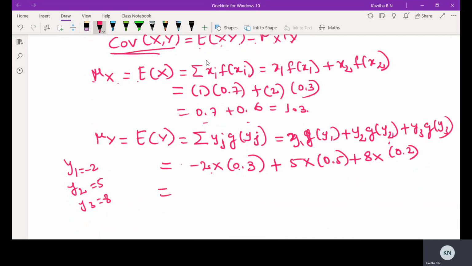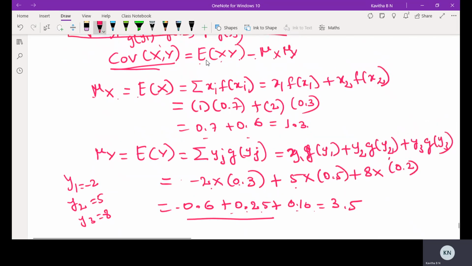Minus 2 into 0.3 is minus 0.6, plus 5 into 0.5 is 2.5, plus 8 into 0.2 is 1.6. Add minus 0.6 plus 2.5 plus 1.6, we get 3.5.